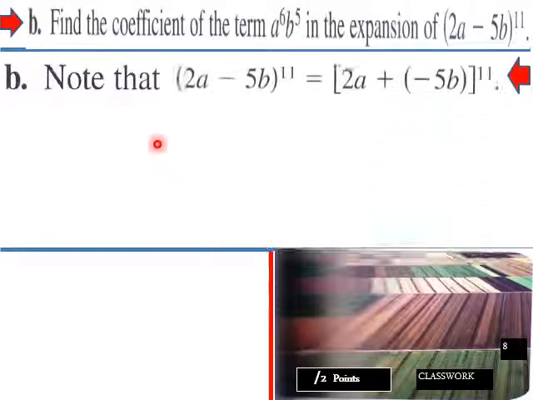B, find the coefficient of the term a to the 6th b to the 5th in the expansion of 2a minus 5b to the 11th. Now we're going to find the coefficient of this term from this expansion here. How would we do that? Note that 2a minus 5b to the 11th equals 2a plus the negative of 5b all to the 11th power.